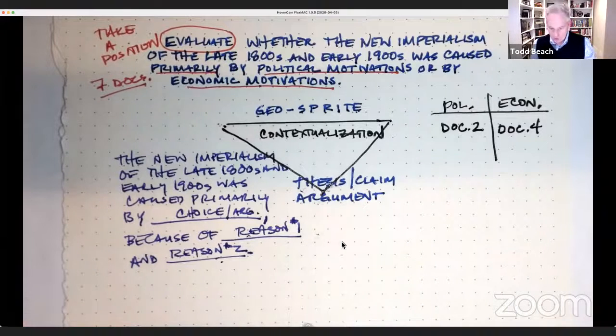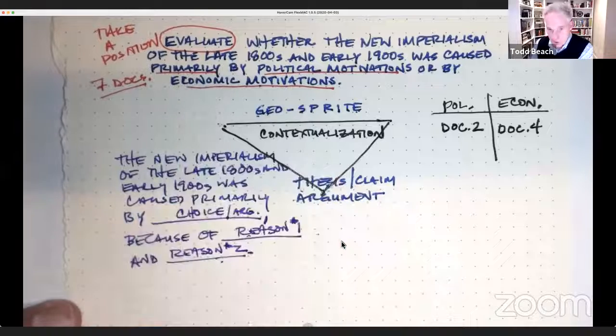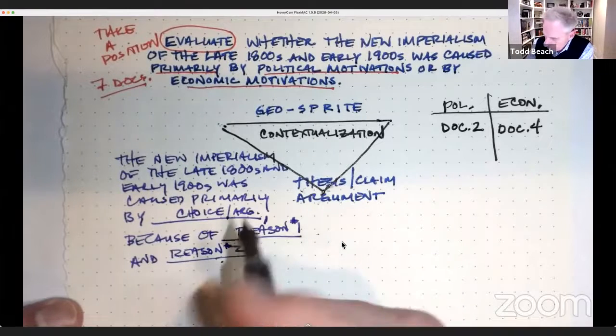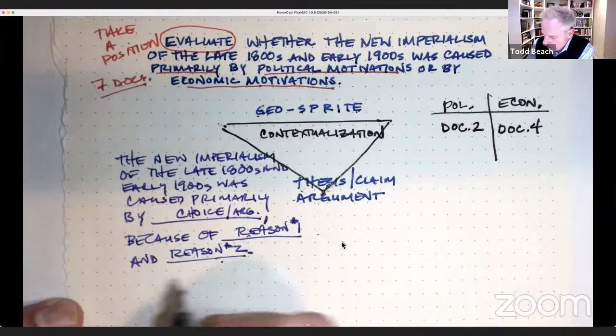The other thing you could do here, as we're thinking about complexity, is to make an acknowledgement that these are the primary reasons in the position you're taking, but you could also set up a complexity paragraph.